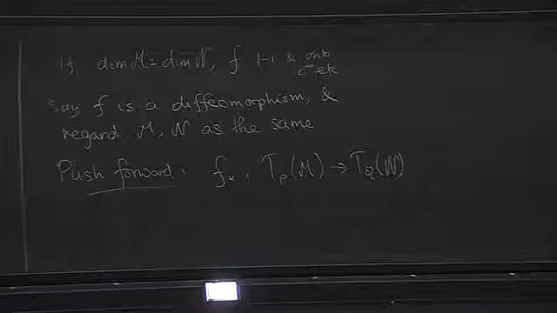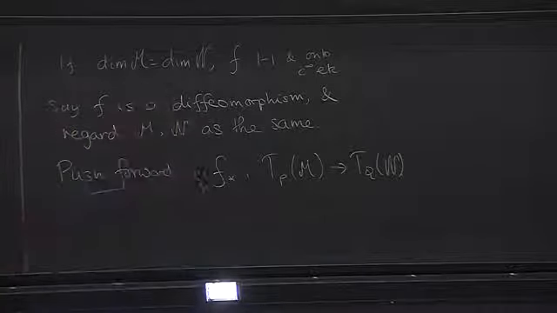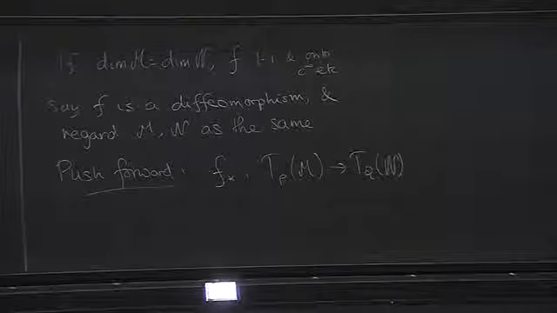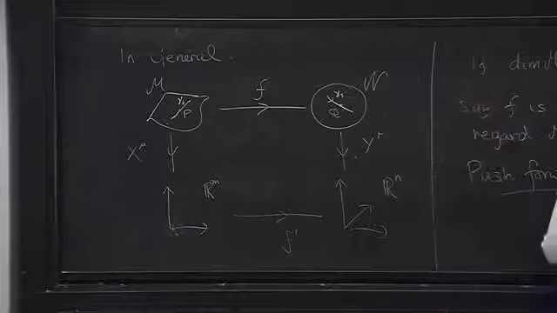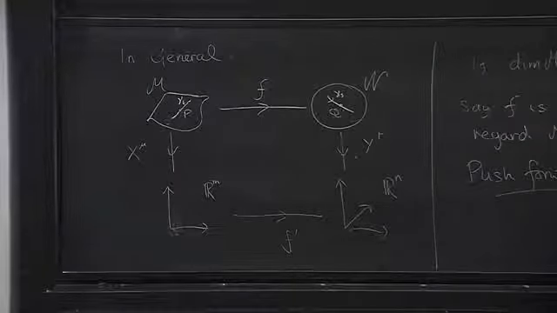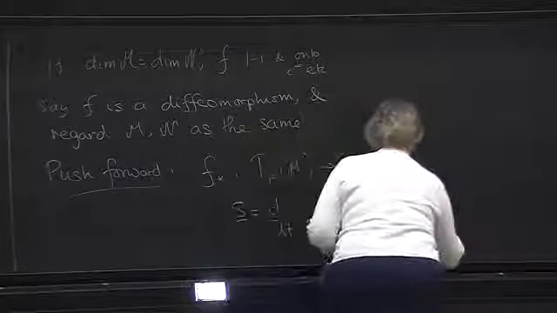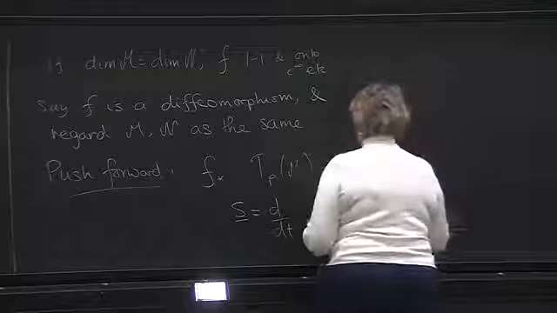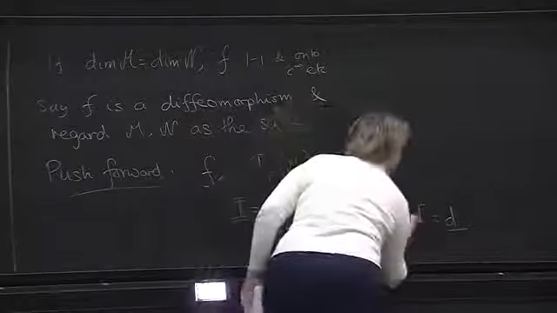So our push forward sort of pushes our tangent spaces forward. And so we have a picture of, let's say, a curve here, gamma t in M and gamma s in N. Let's put them the other way around, t there, since it's d by dt, and s.